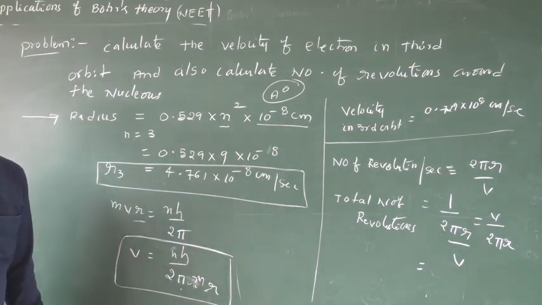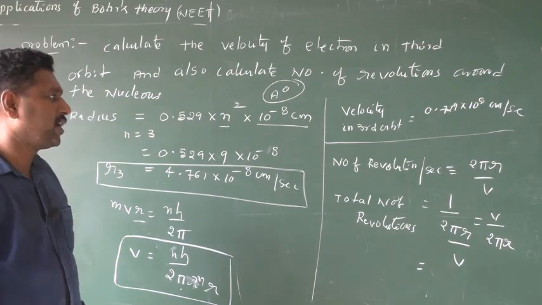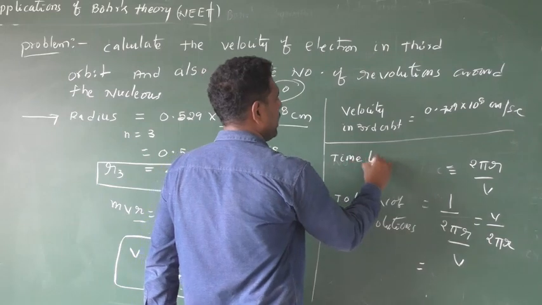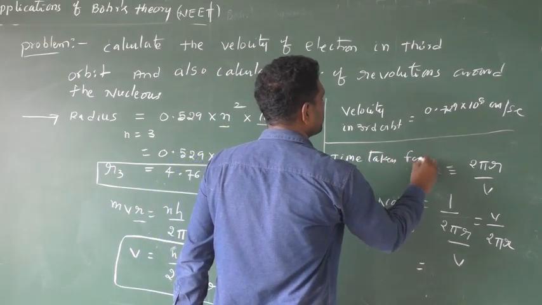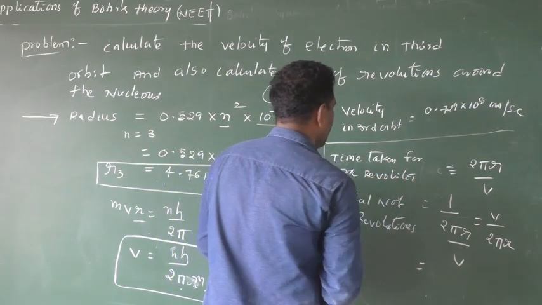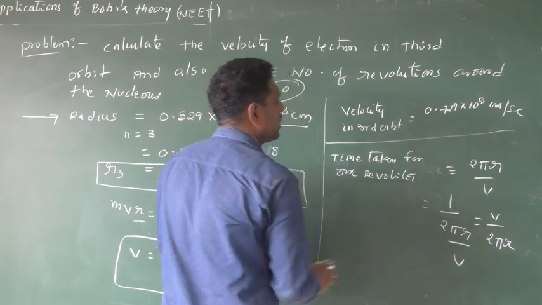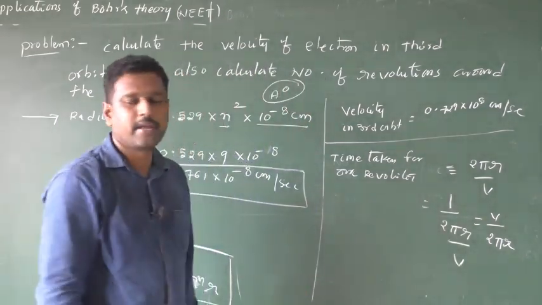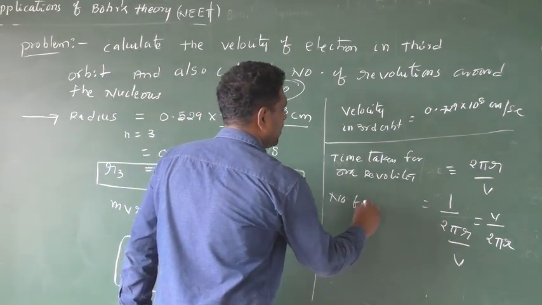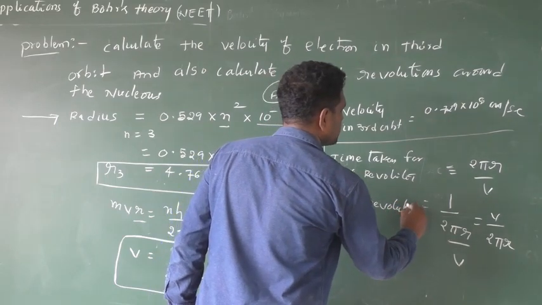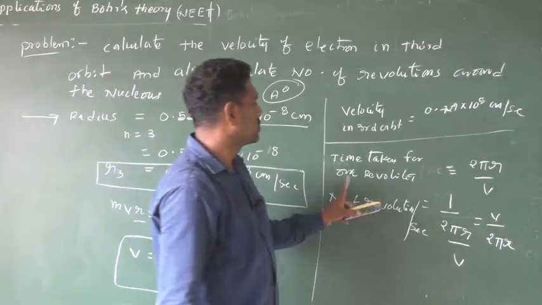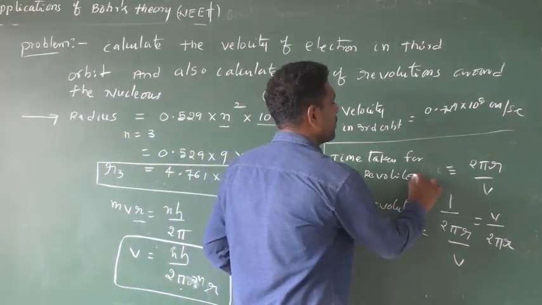After that, time taken for one revolution is 2 pi r by v.